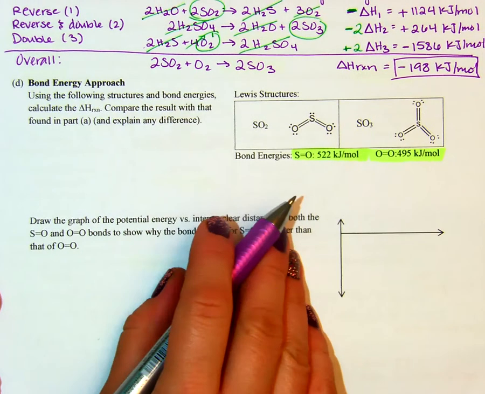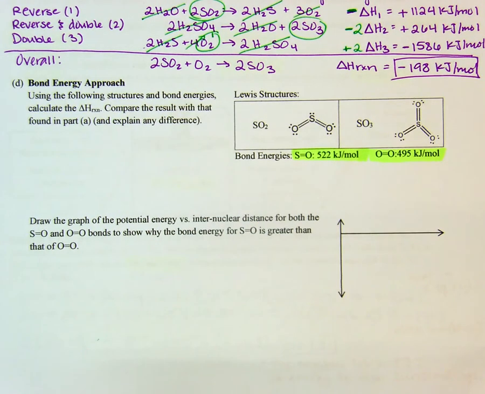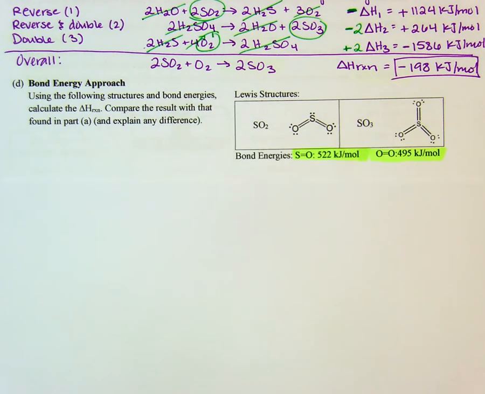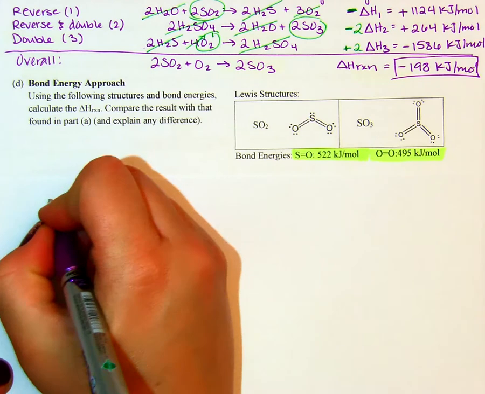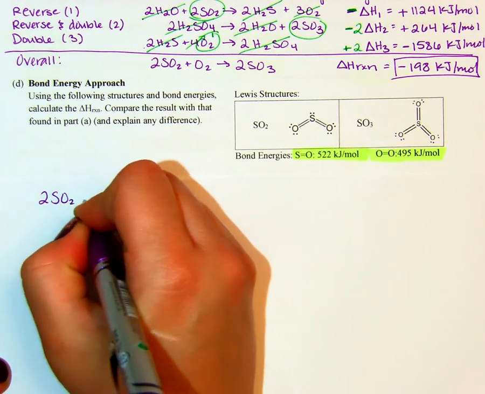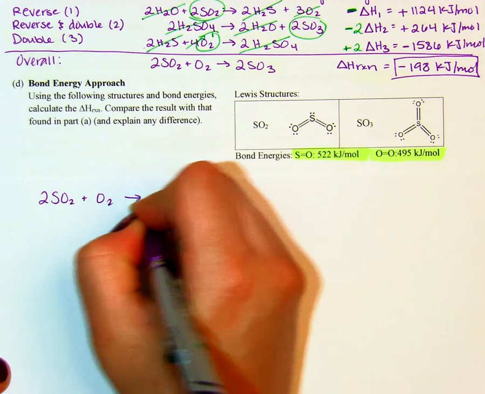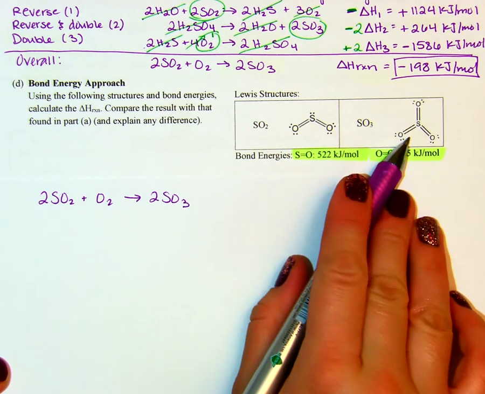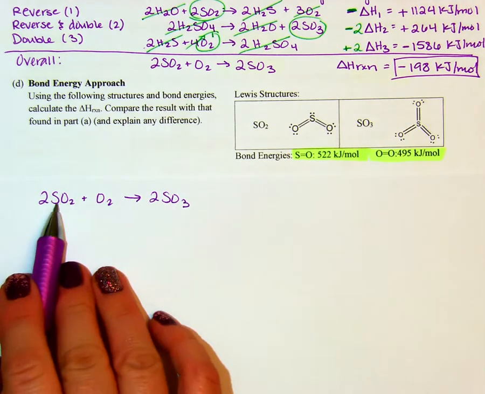Okay, so what do we need to do for this reaction to take place? I like to do this on a separate sheet of paper so I can really expand out everything we're going to be looking at. So I'm just going to rewrite the reaction here. So 2 SO2 plus O2 yields 2 SO3. Now we're given the Lewis structures for these, so I'm just going to write these as Lewis structures.